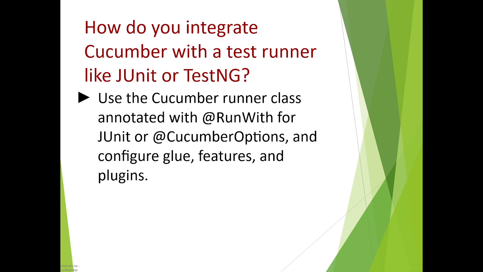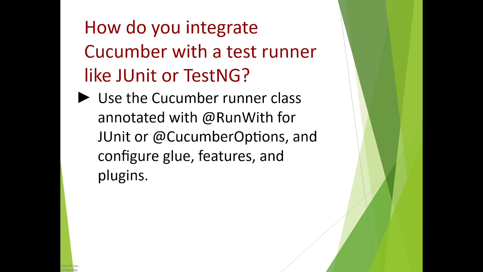And Cucumber with TestNG you can also use, but it is less recommended. You use the cucumber-testng dependency in Maven, and the TestNG runner will run. So the recommended one is JUnit 5, the latest version, to run your code.